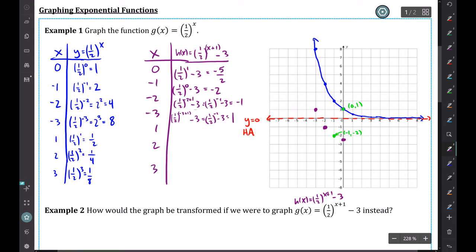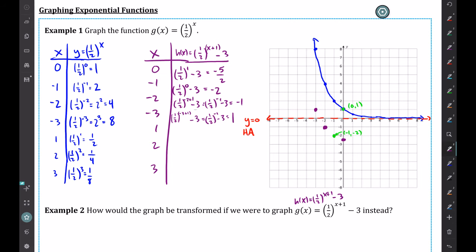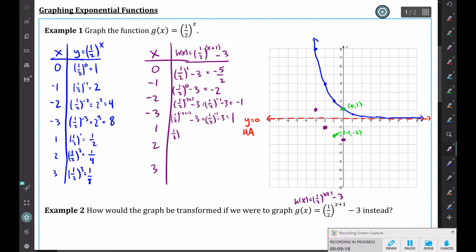If I plug in 1, I get 1/2 to the 1 plus 1, which is 2, minus 3. So it'd be 1/4 minus 3, which is the same as 1/4 minus 12/4. So that's negative 11/4. That'd be right about here.